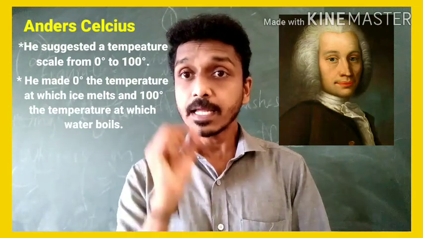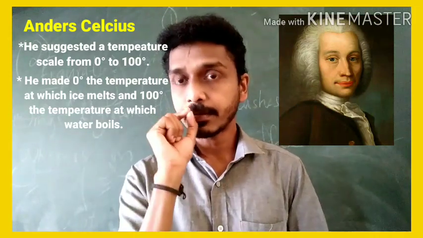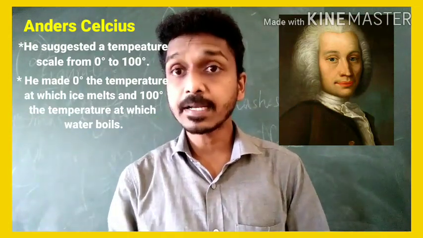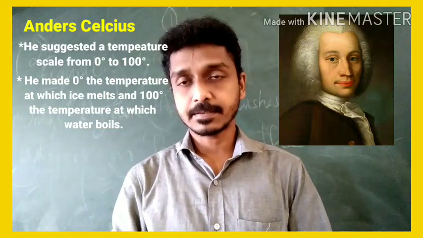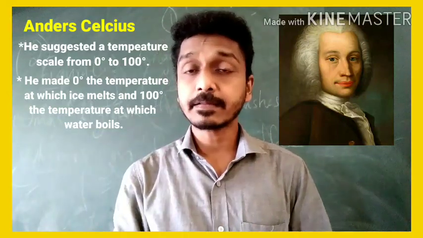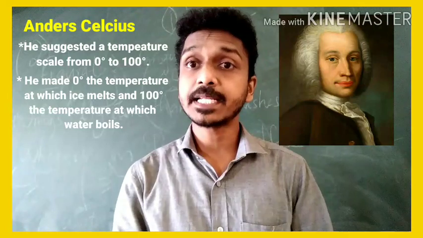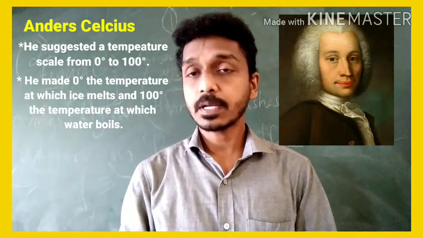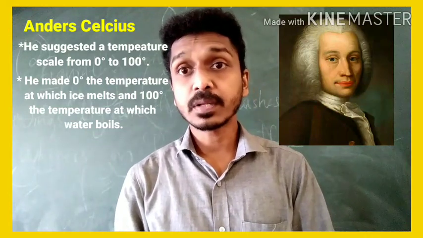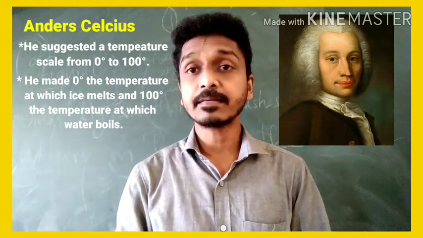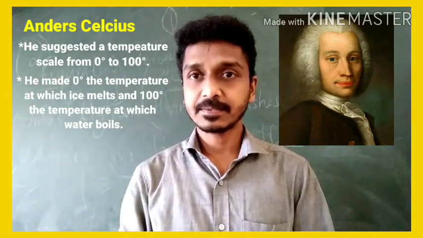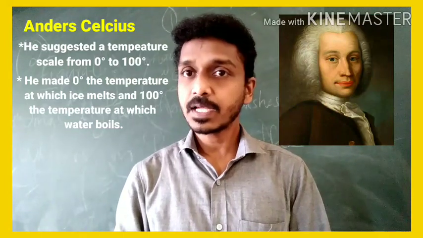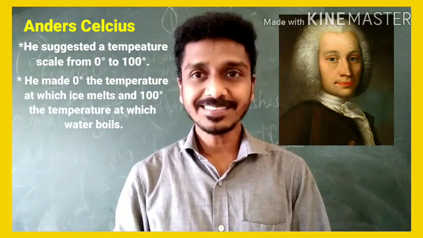So we can say the Celsius scale was invented by Anders Celsius. In that scale, water boils at 100 degrees Celsius and ice melts at 0 degrees Celsius. Clear? Understood, right?